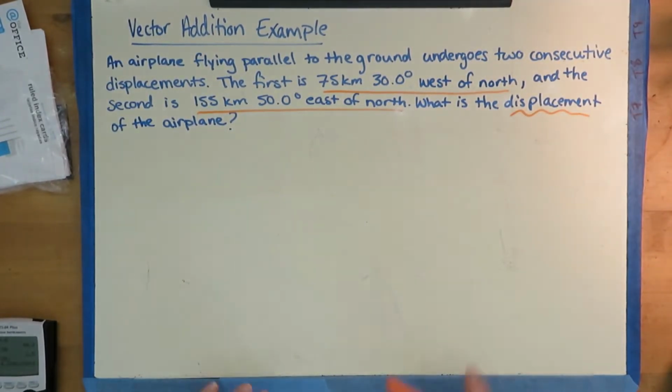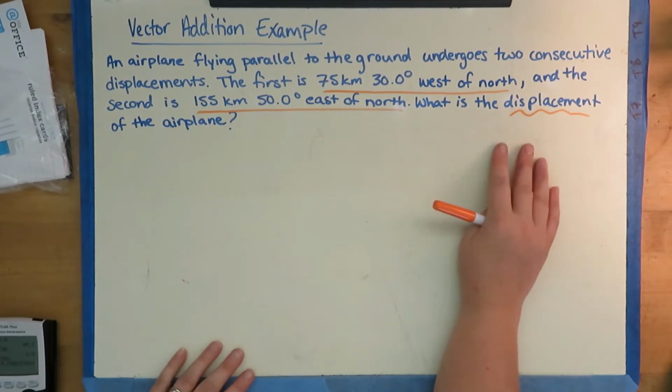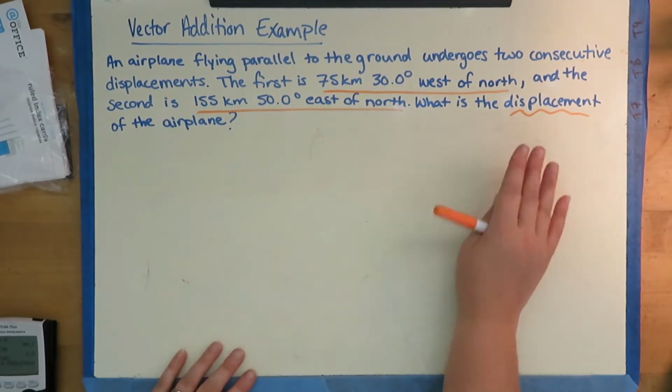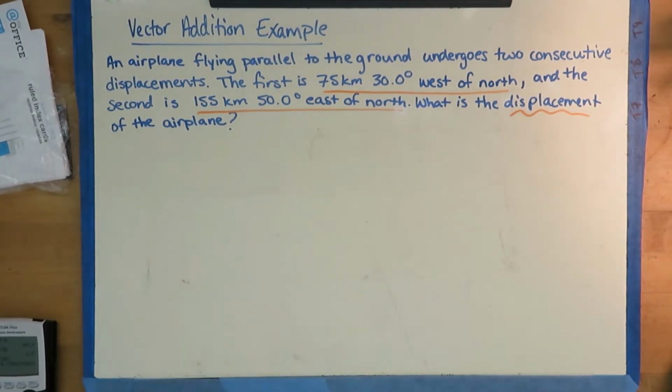Now, even though this doesn't say magnitude and direction, because it doesn't just say magnitude, I have to have a magnitude and a direction in my answer. So you have to be really careful that you don't miss parts of the question. So remember, for vector quantities, if it doesn't specifically state magnitude only, you have to find both magnitude and direction.